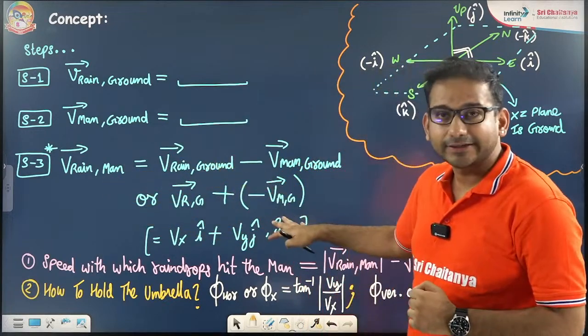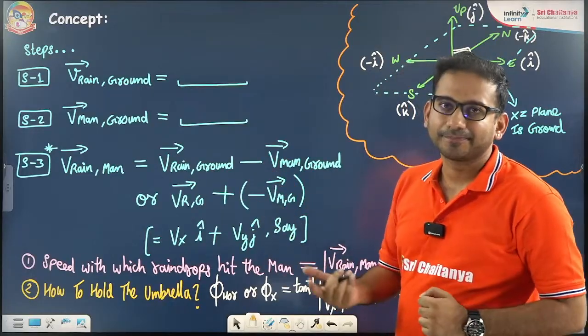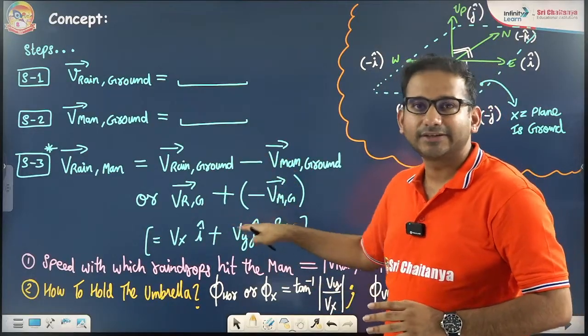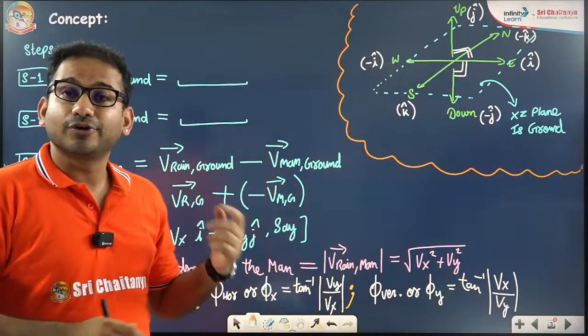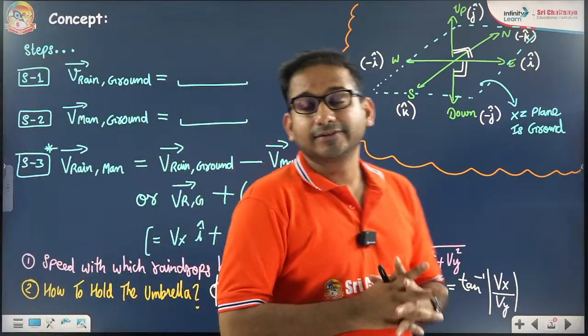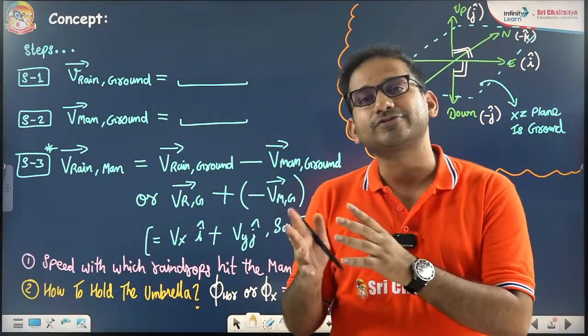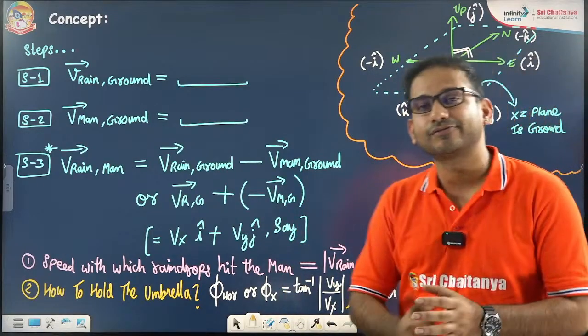Once you get that by vector subtraction, and if you can't subtract, then do the negative addition, you will get some resultant vector having some horizontal component and some vertical component. If you are interested in the first question, the speed with which raindrops hit the man, then that will be under root of V horizontal square plus V vertical square, the normal way of taking the magnitude of a vector.